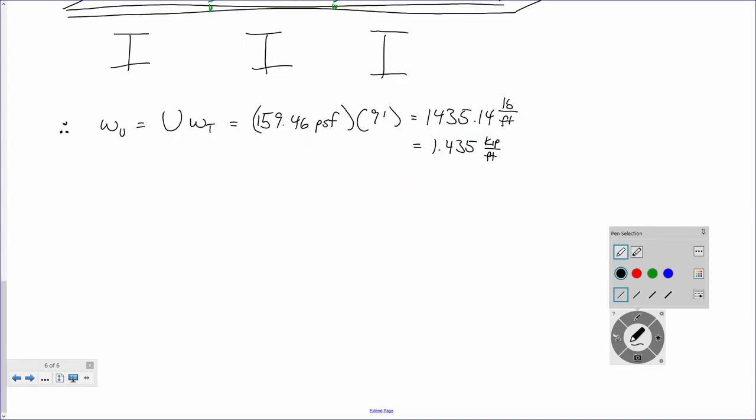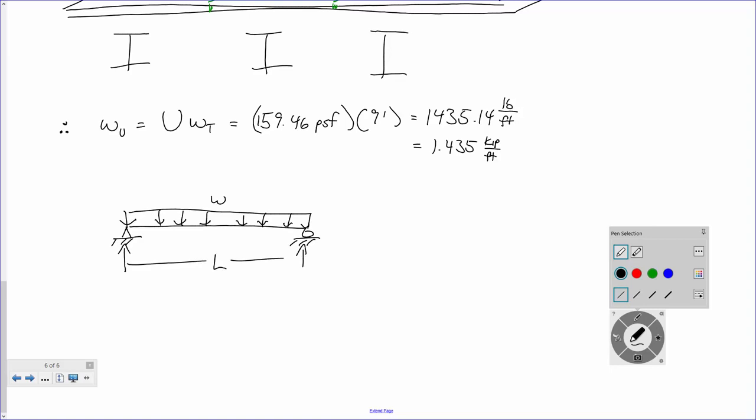So ultimately, here's my problem. I've got a beam, and I have a distributed load acting on that beam, W. And that beam is L long.